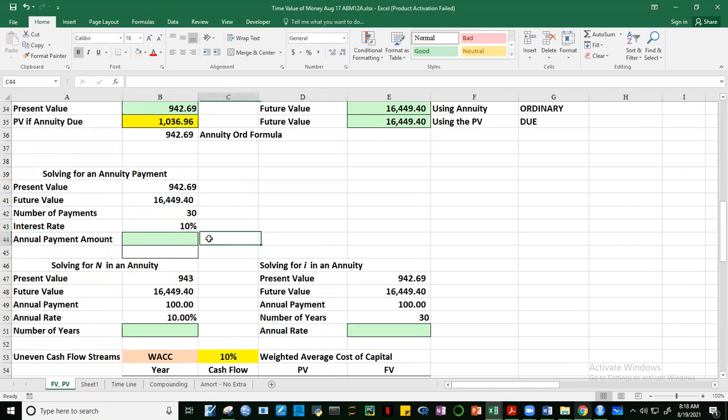Ang tinatanong dito guys yung PMT. Magkano daw yung annuity for 30 years at 10% given the present value 942 or the future value 16,449? So we should expect 100 here. Dapat ang answer dyan 100.